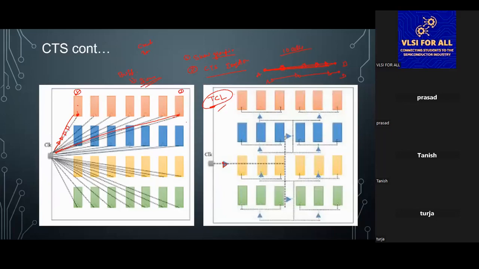See, there are different types of skew, right? One is global skew and the other is local skew. So you might be controlling the local skew, not the global skew. When people talk about skew initially, they might be talking about the global skew, but you are controlling the local skew, so it won't impact your total skew.